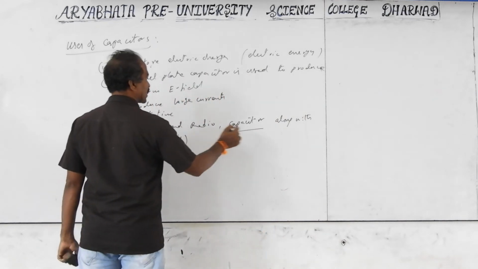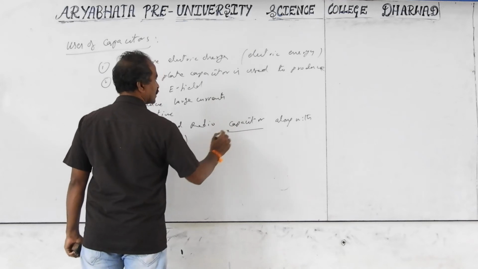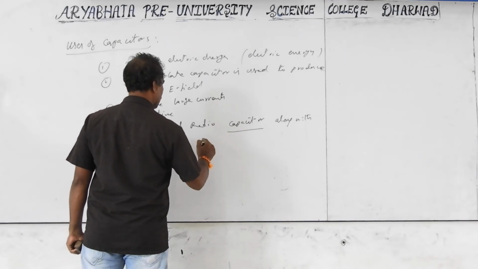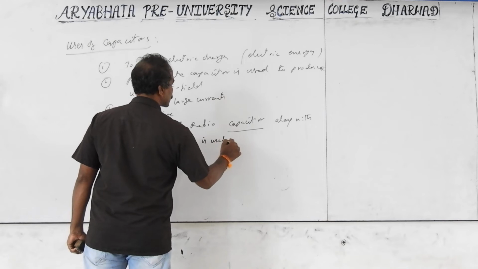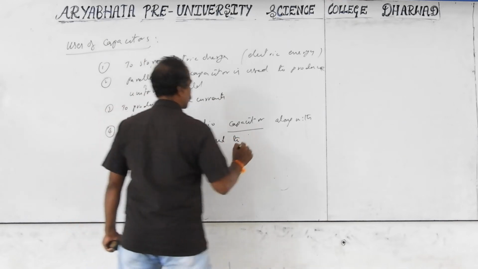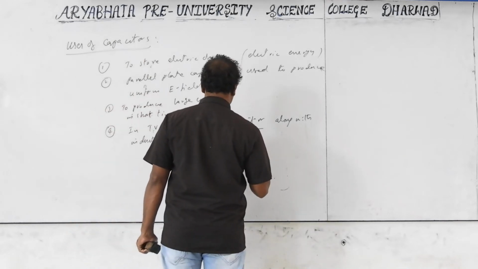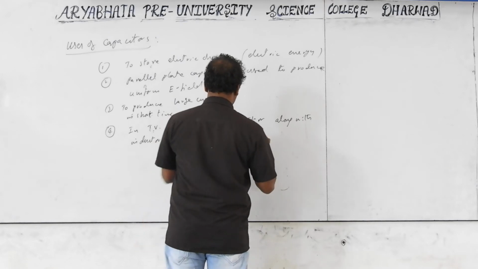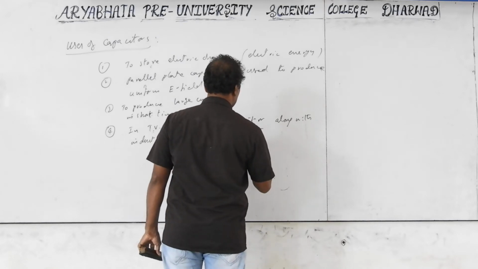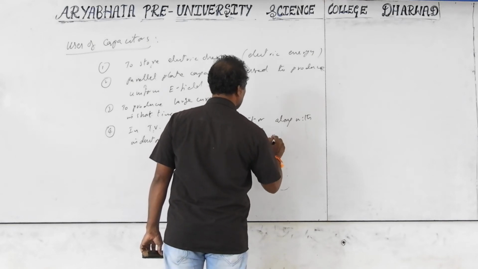In TV and radio, the capacitor along with the inductor is used to tune particular frequencies or particular stations. They are used as tuning circuits.